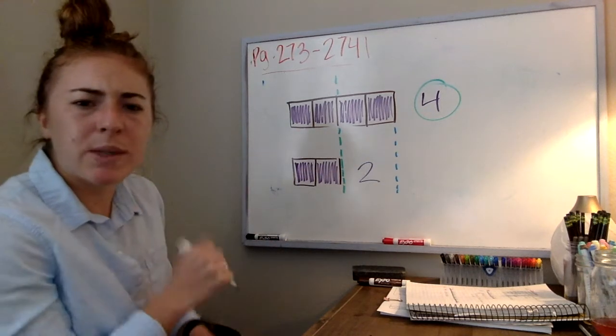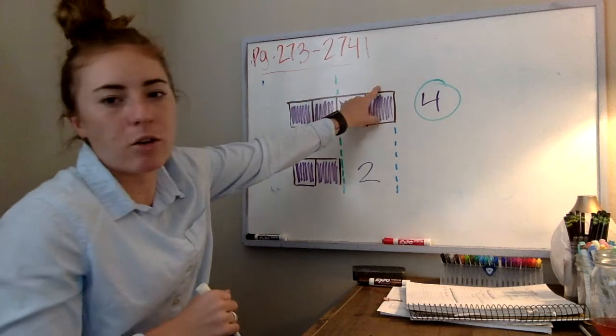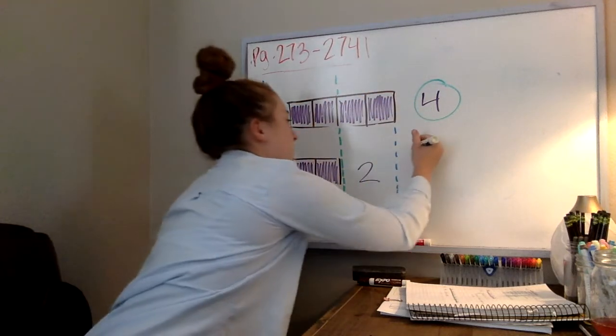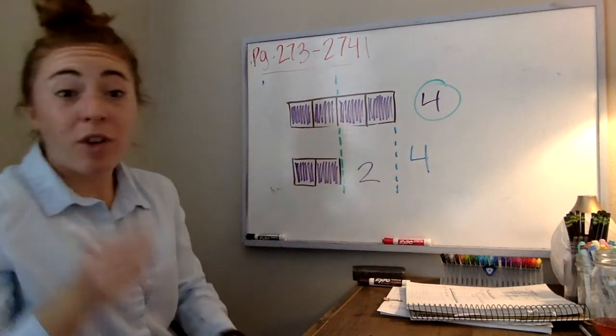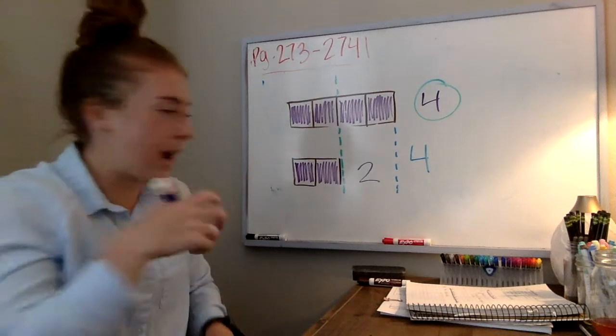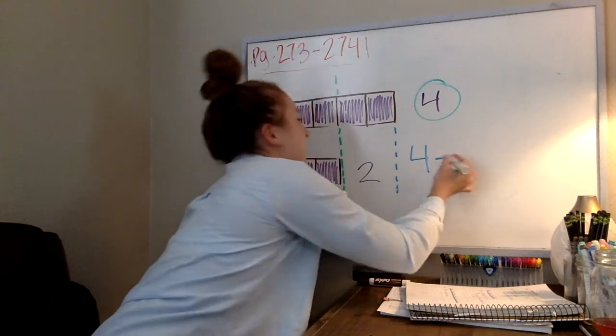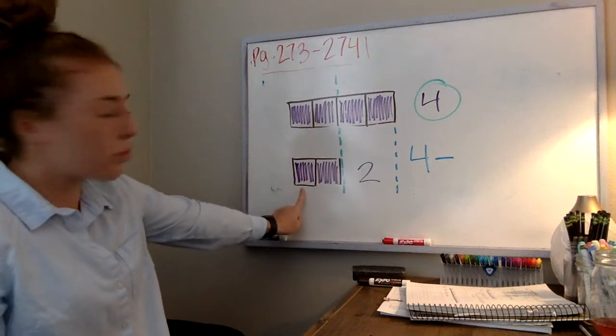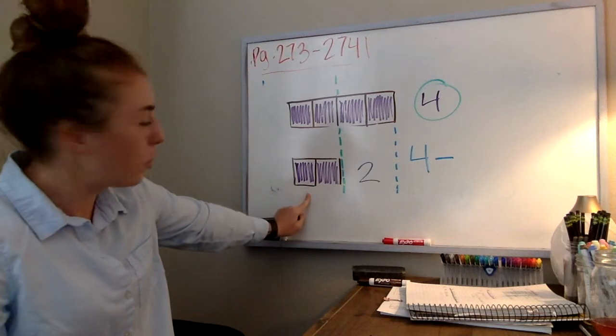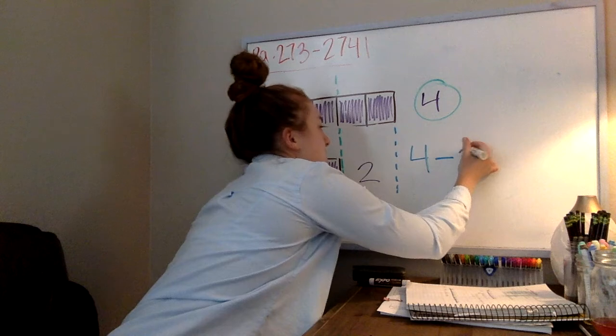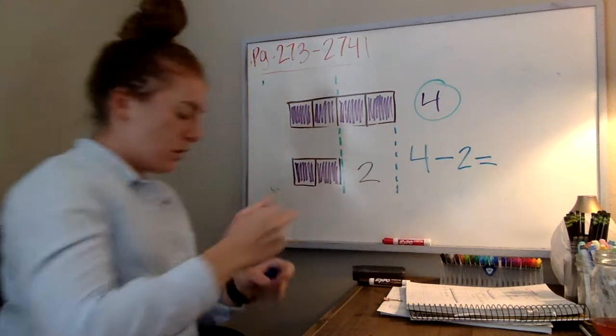How many squares did we say are in my long rectangle? 4. And just like with Farmer Brown and Cheddar, we're going to subtract. So 4 minus, and we're going to subtract these 2. 4 minus 2.